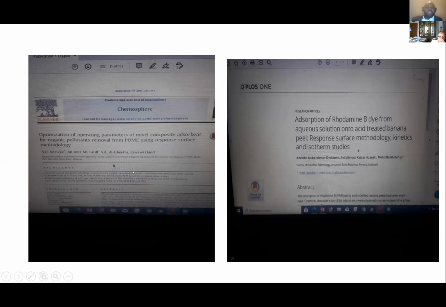From the activated carbon powder that was formed, we later synthesized a novel composite, that is the combination of activated carbon powder, zeolite, because of the hydrophilic properties of zeolite, and activated coconut shell powder, which is known to have a high surface area to effectively reduce the organic pollutants to discharge level.